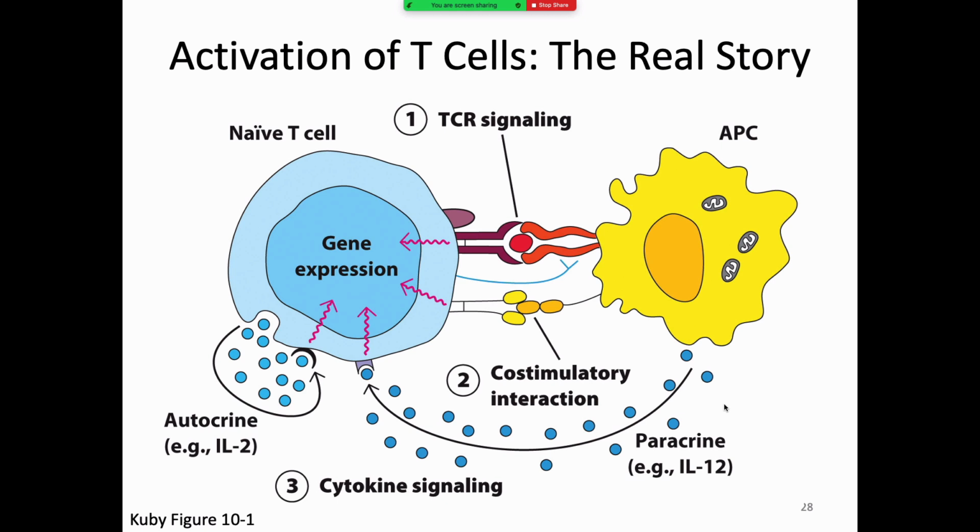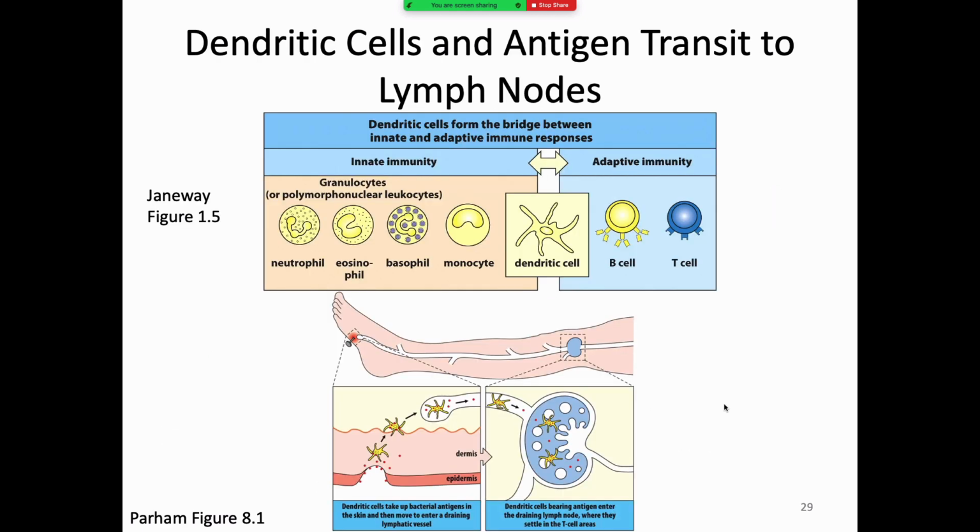But I want to tell you a couple of things that you need to know before thinking about signal 2. It has to do with dendritic cells. I've sort of hand-waved about dendritic cells before.